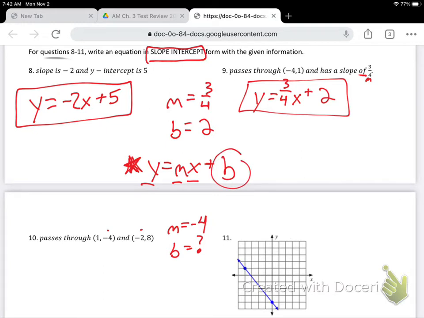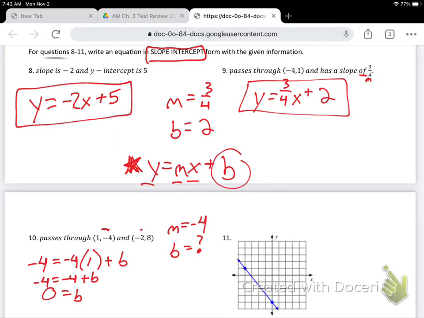So I'm going to use this first point here, and I'm going to have -4 is equal to my slope, -4, times 1, which is my x, and then plus b. So -4 is equal to -4 plus b. I'm going to add 4 to each side. I'm going to get b is equal to 0.